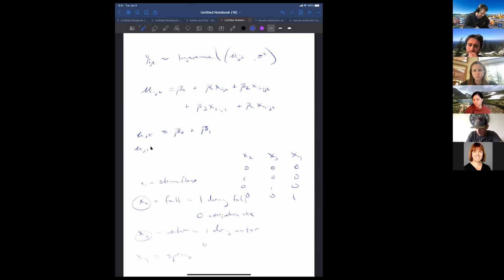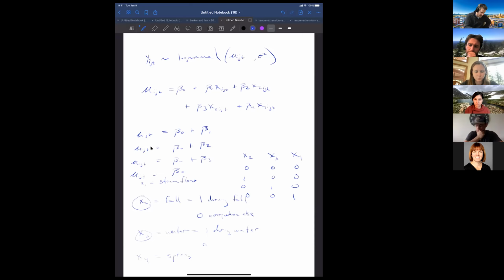During winter, we have beta 0 plus beta 2. During spring, we have beta 0 plus beta 3. Did I do that right? Fall, winter, spring. And then during summer, all of our x's are zeros, so we just have beta 0.